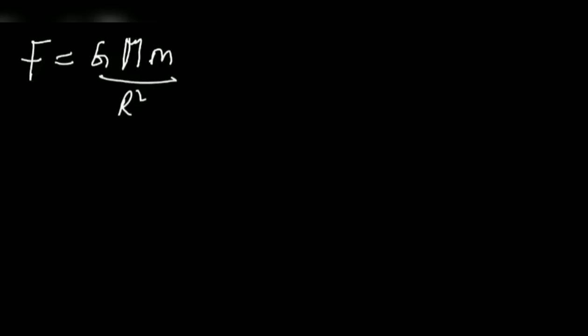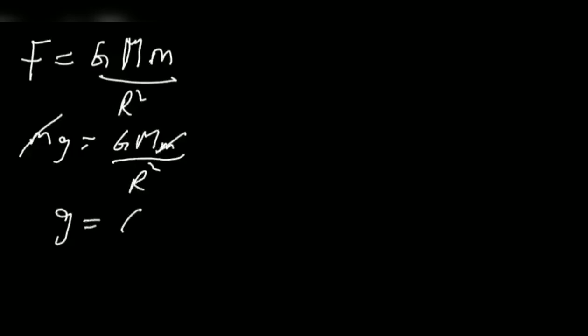Now let me consider the force to be the weight of this body. Then my force will be equal to mg equals GMm over r squared. From here, the small m cancels the small m, so I have g equal to capital GM over r squared.